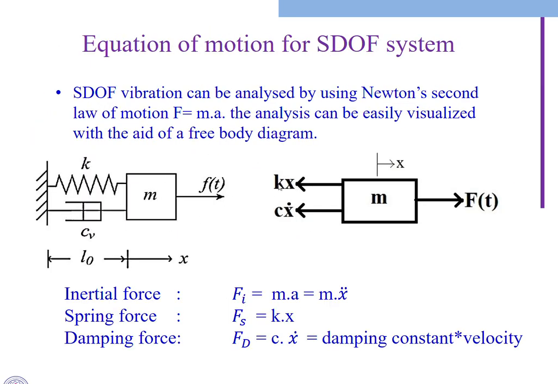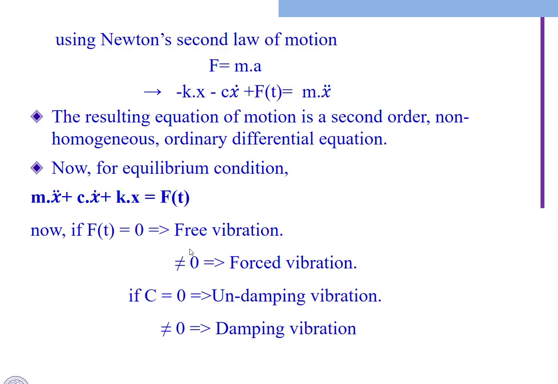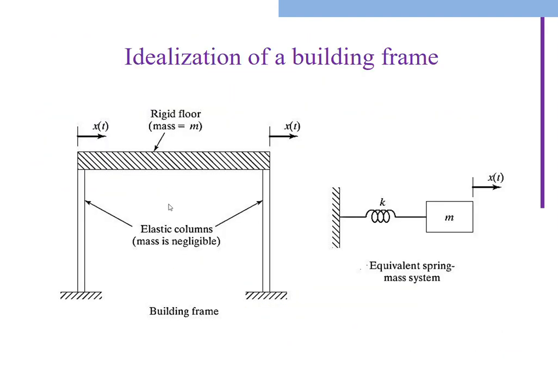Okay, this particular system we can idealize like this. In our structural case, we take a slab, a rigid floor, as the mass of the system, whereas the columns are made to carry the stiffness.